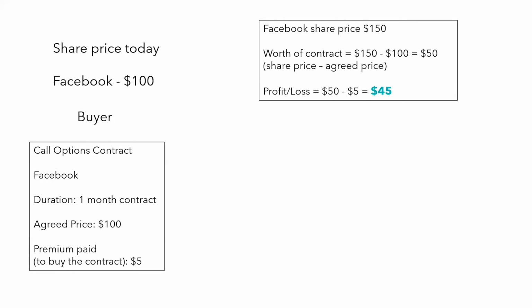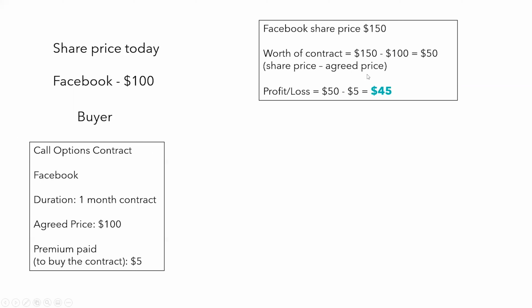You take $150 minus the $100, which is the agreed price of the contract. Because Facebook share price went up by $50, the worth of the contract is $50. So just remember, for a call option, to calculate the worth of the contract, a very rough calculation, you take the share price minus the agreed price, and this is the worth of it.